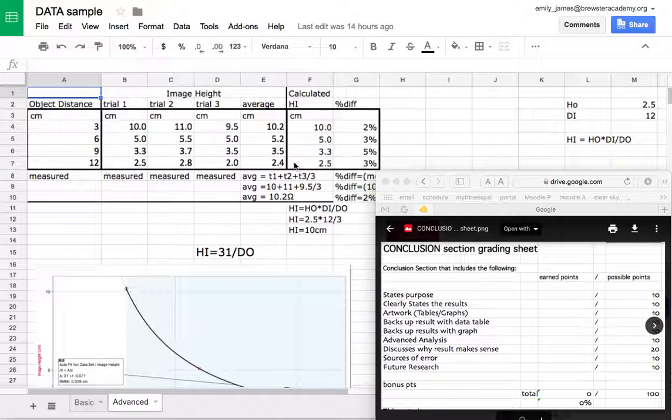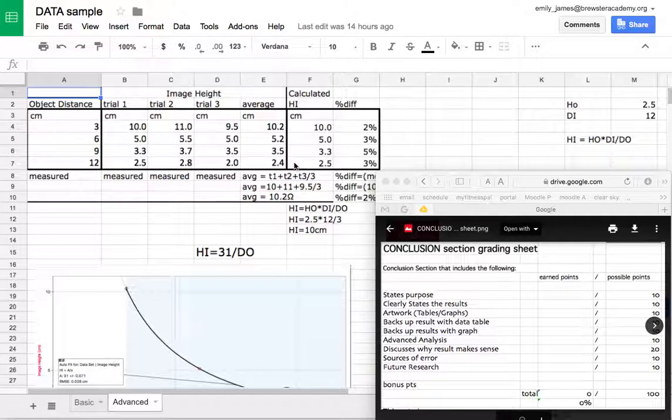So for example, when our object distance went from 3 centimeters and increased to 12 centimeters, the image height decreased. It started at 10.2 centimeters and went all the way down to 2.4 centimeters. That is consistent with, as object distance increases, image height decreases.